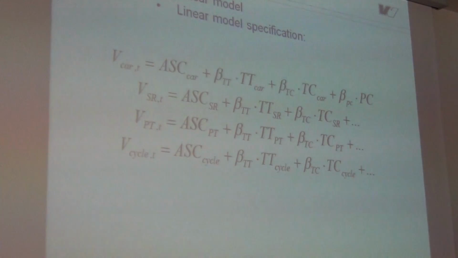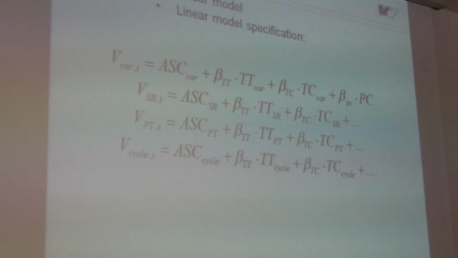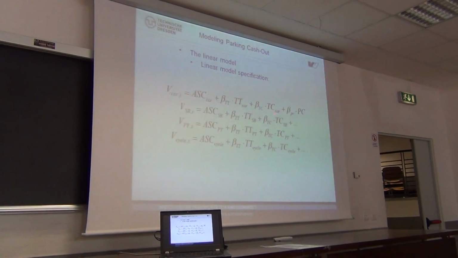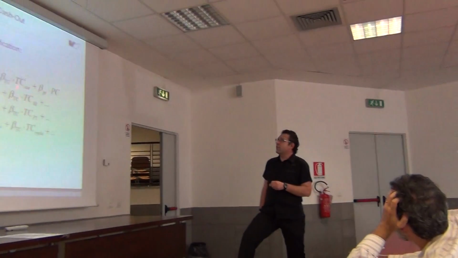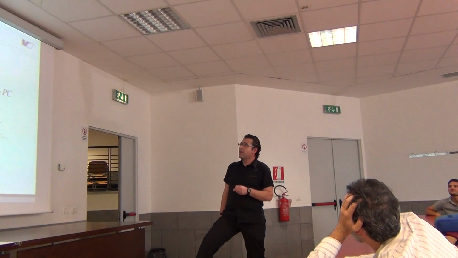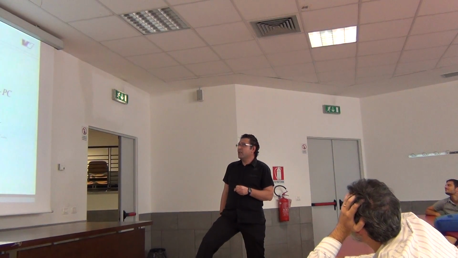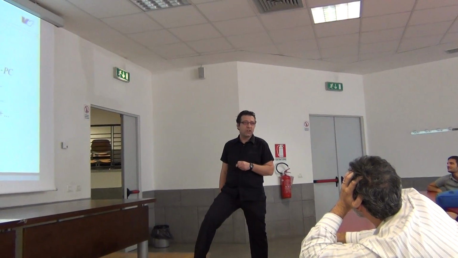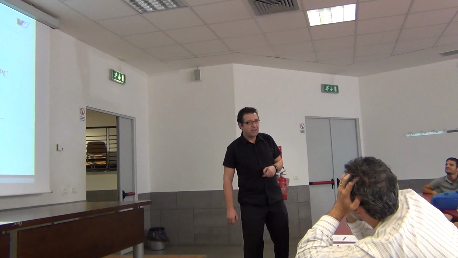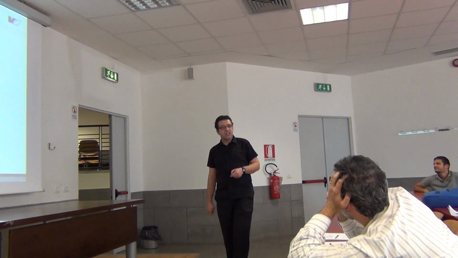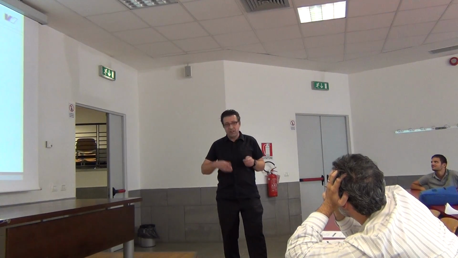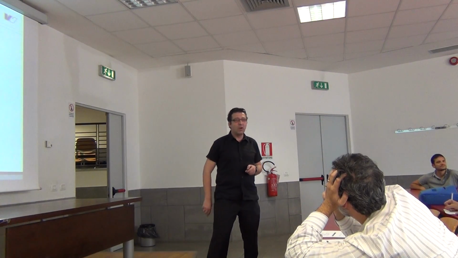How many levels did you use for each attribute? Levels, how many? You mean the travel costs and the travel time? Yes, for example. The travel time is what people told us that they need to come to work. We asked them how long do you need to come to work. They said 10 minutes, 12, 15 minutes. Is it RP?